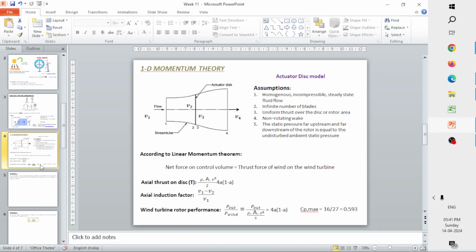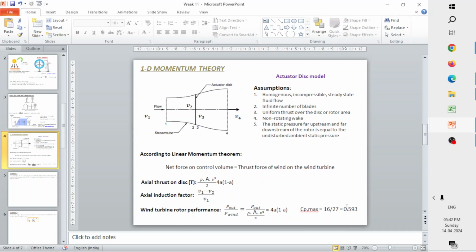I hope you remember how to derive. So yeah, we were discussing the Betz limit. So that was approximately 59% of the total power that is available in the wind.